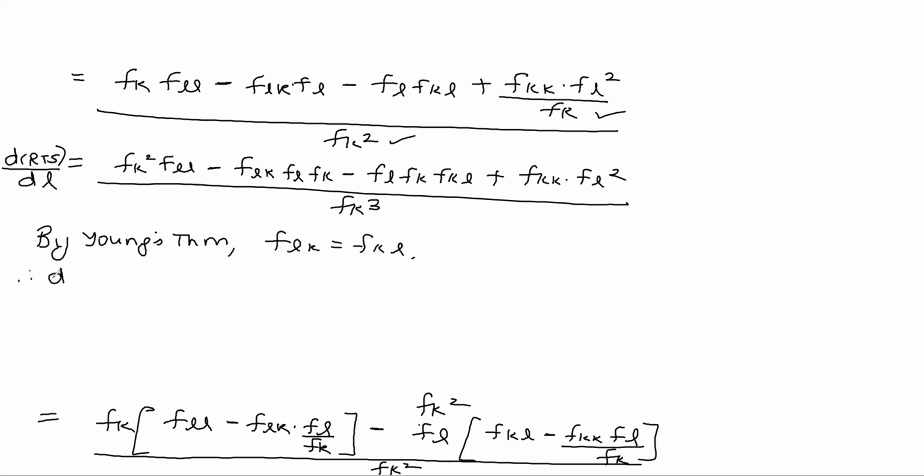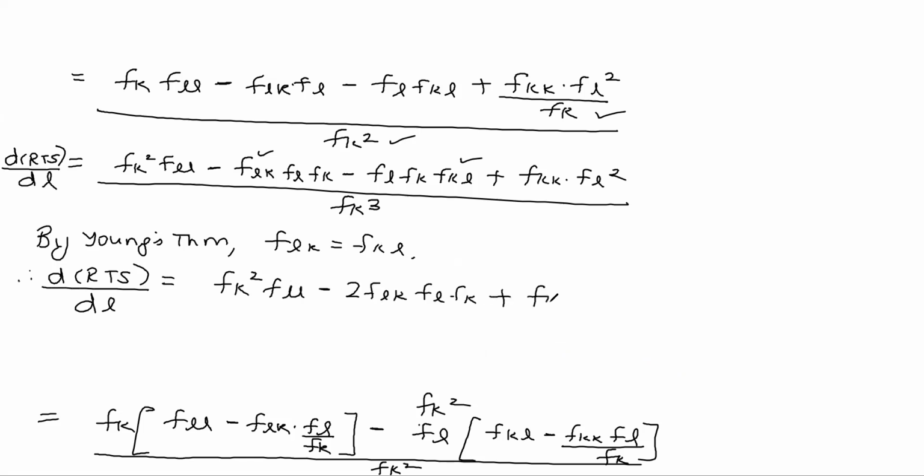So therefore dRTS by dL is equal to, since FLK and FKL are equal, I can write it as FK square FLL minus 2 FLK FL FK plus FKK FL square upon FK cube.